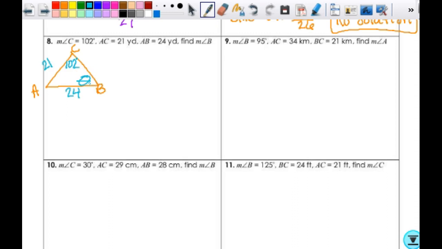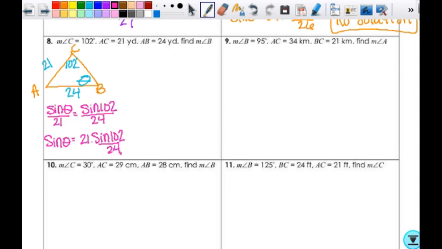So I'm going to set up my law of sines. I'm going to take the sine of theta over 21 equals the sine of 102 over 24. So the sine of theta is equal to 21 times the sine of 102 over 24.